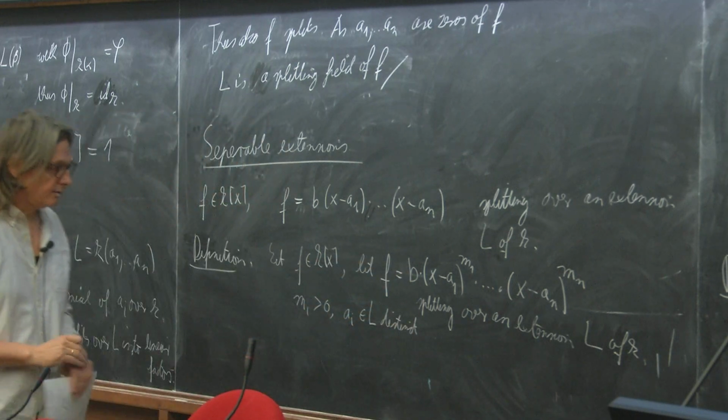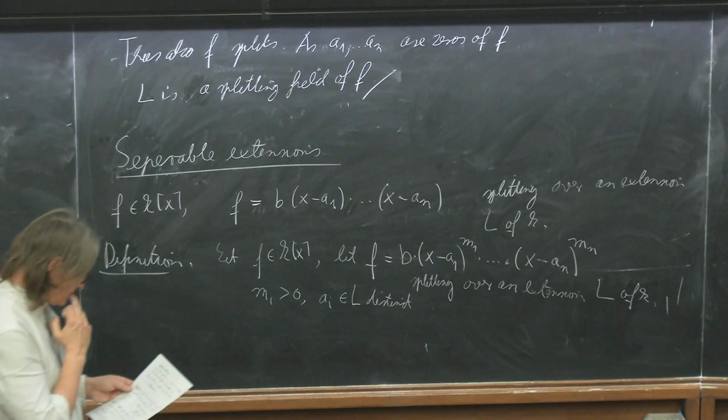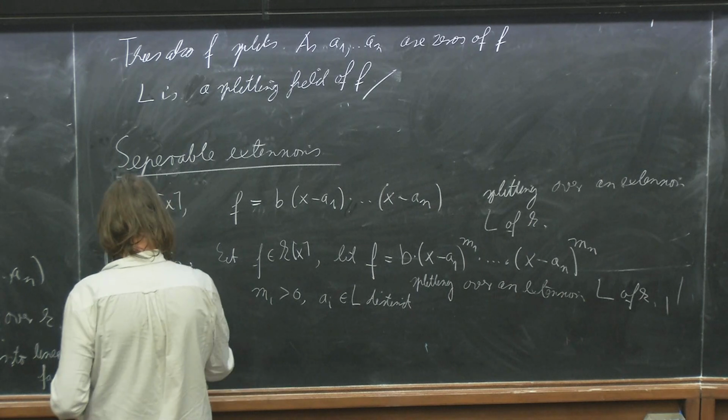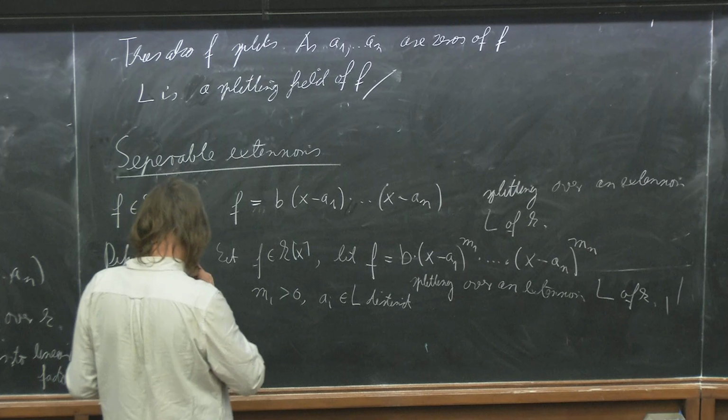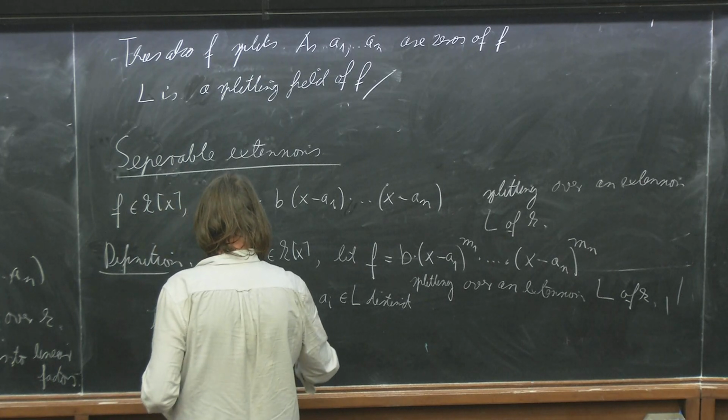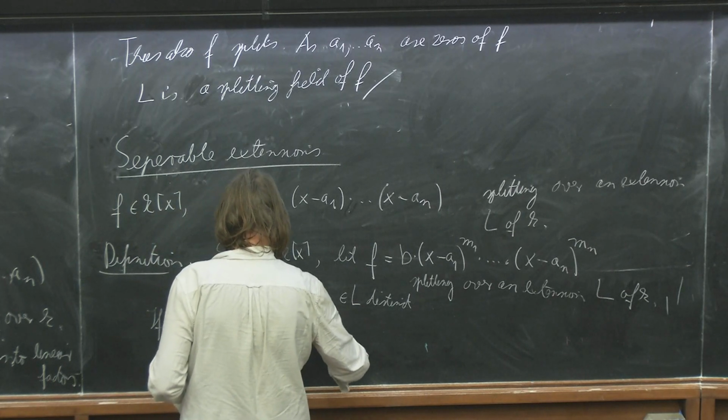Okay, so I have precisely see how often one root occurs. So if Mi is equal to 1, Ai is called a simple root.